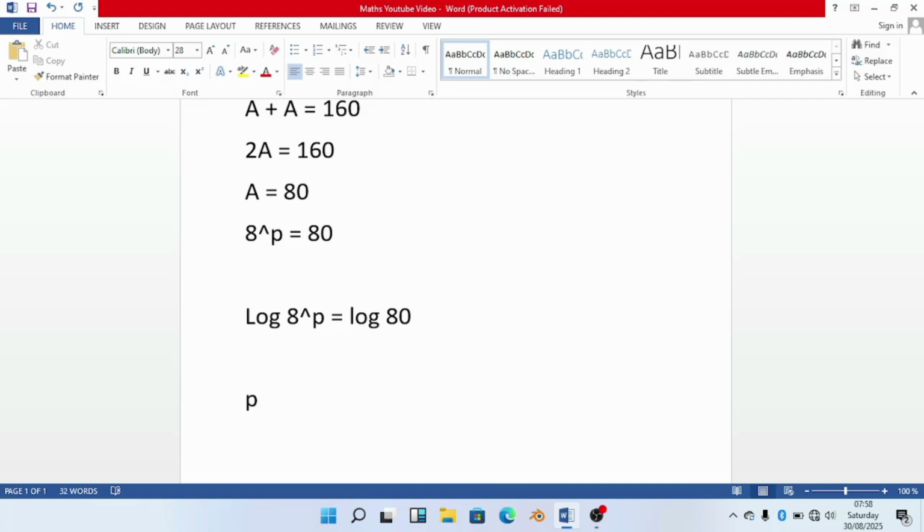So here we have p log 8 is equals to log 80. Exactly. So that is what we have here now. We can go further by dividing both sides of the equation by log 8.